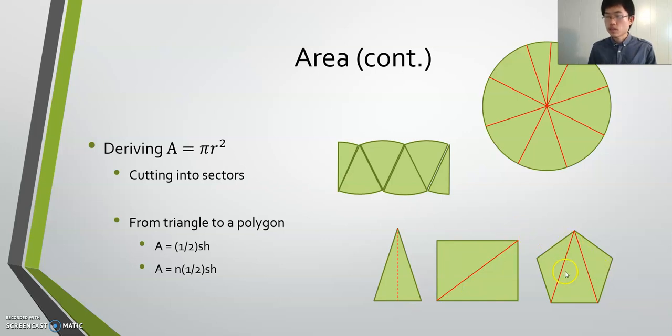Look at this pentagon: it has 3 triangles. Hexagon, it'll have 4 triangles. Heptagon has 5, and all the way. So for a polygon with whatever number of sides, there are n triangles, and that's the area.